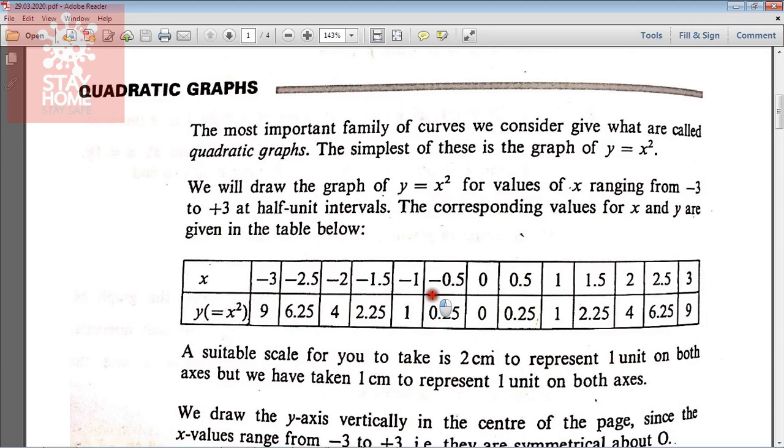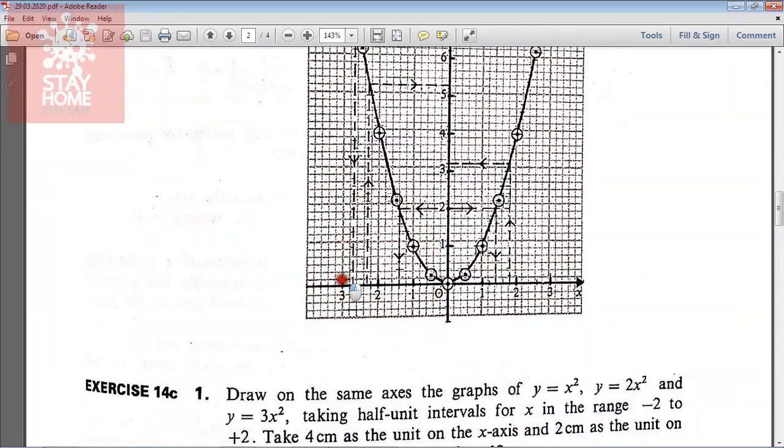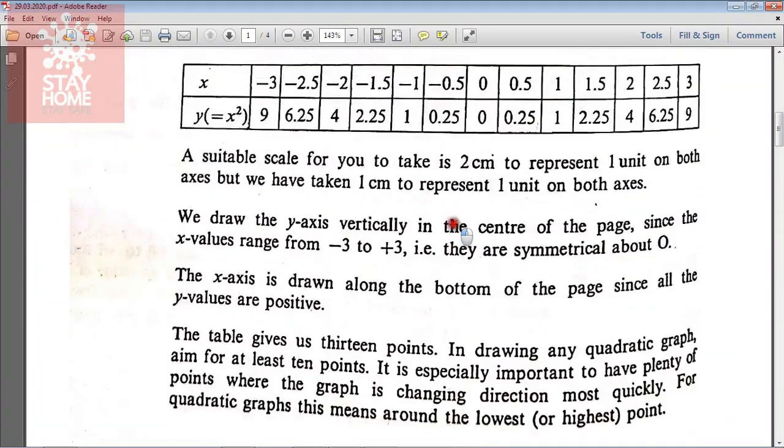If you draw the y-axis here, you cannot draw the negative values. If you draw the y-axis here, you cannot draw the positive values. So on the x-axis you will draw the y-axis in the center. Why? Because some values are positive and some values are negative.